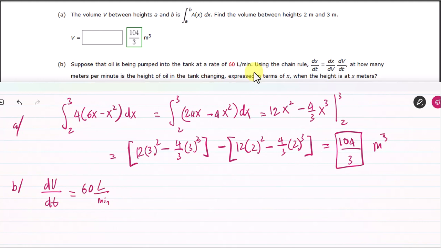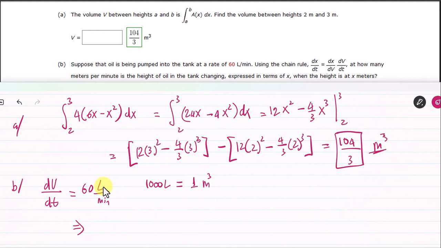Now, pay attention to this problem. We are using meters, and the units here are in liters, and we all know that 1,000 liters is equal to 1 cubic meter. So you can convert this to cubic meters by dividing by 1,000.